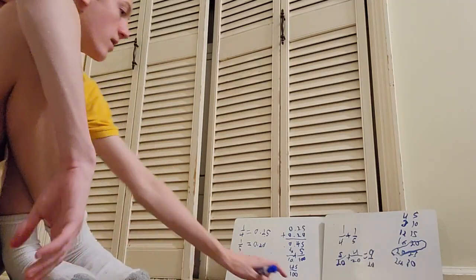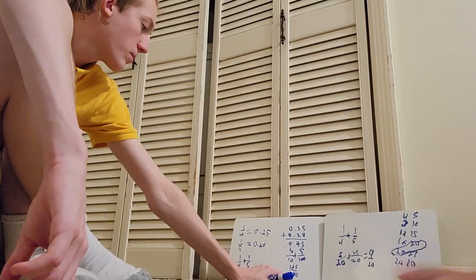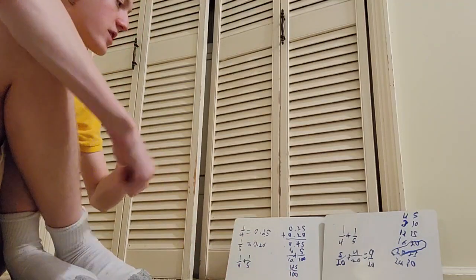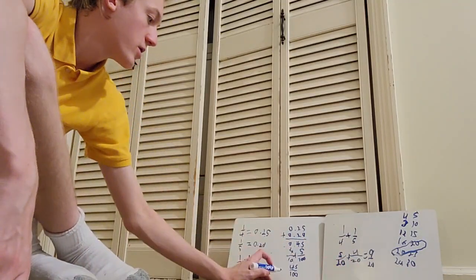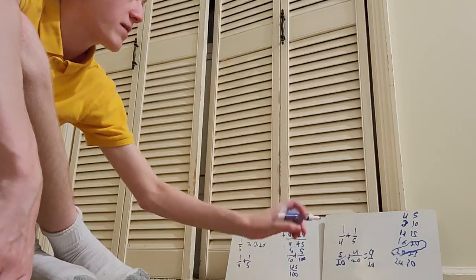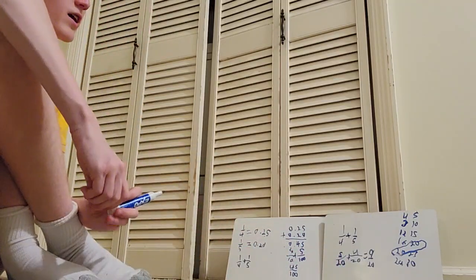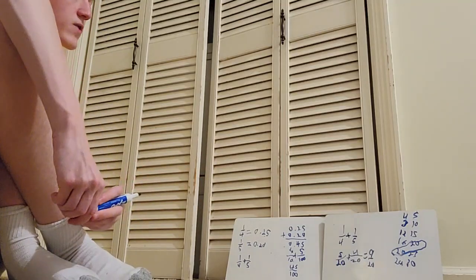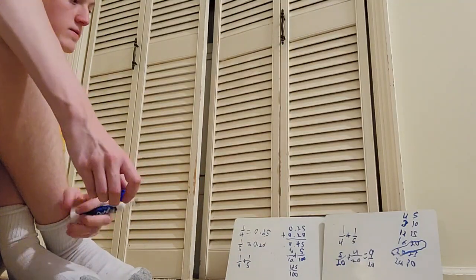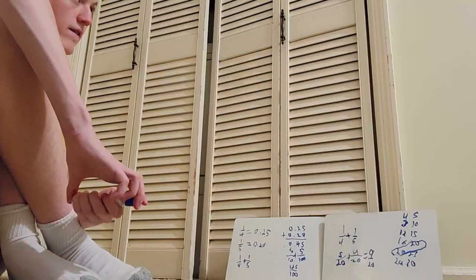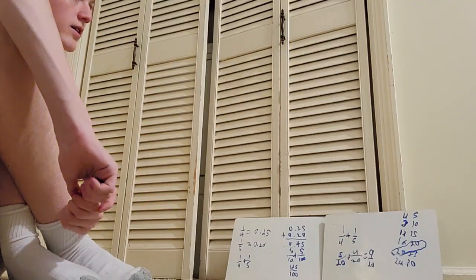If you multiplied something times 20 to get 100, and 9 times that same number and got 45, then they would be the same fraction. Well, 9 times 5 is 45. Okay.